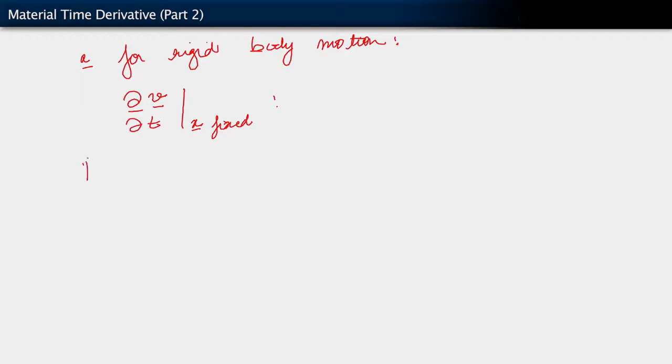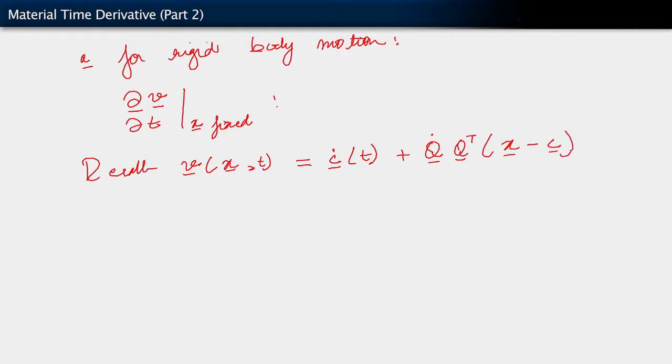Recall that v of little x comma time for our rigid motion is simply c dot function of time plus q dot q transpose x minus c, okay, which is c dot function of time plus omega function of time x minus c function of time.